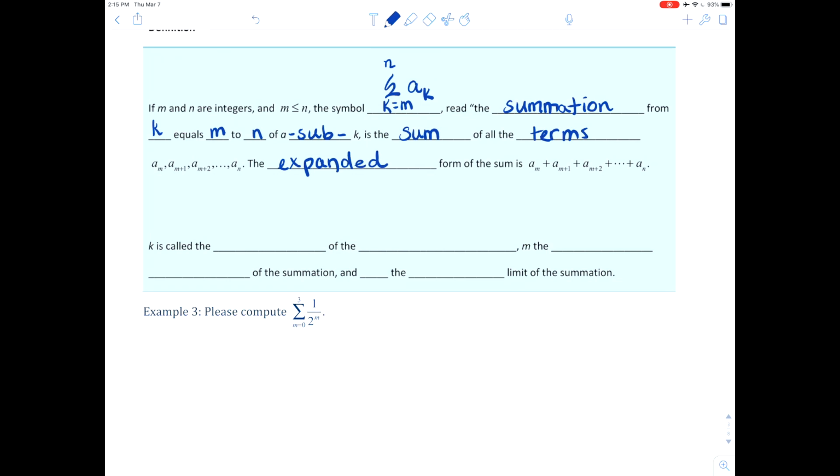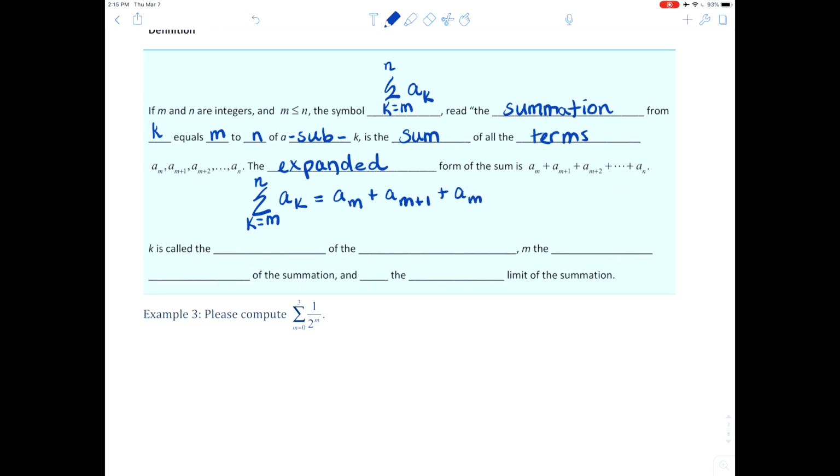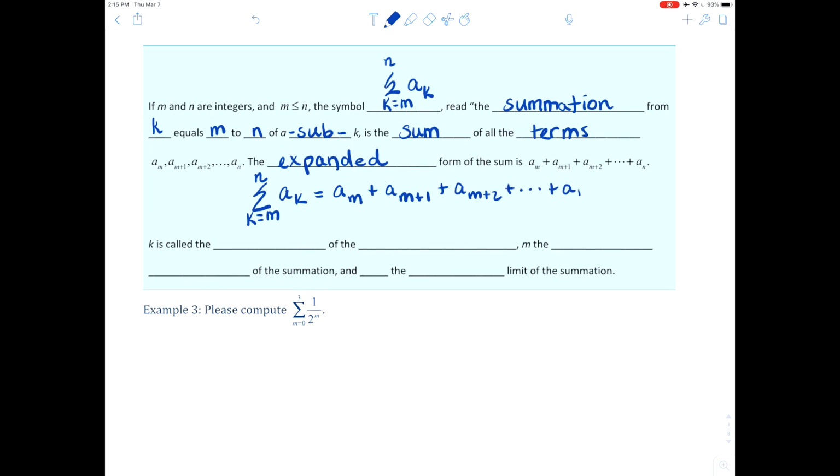So writing it together, we would have the summation from k equals m to n of a sub k equals the initial term, a sub m, plus the next term, which would be a sub m plus 1, plus a sub m plus 2, all the way down to plus a sub n.